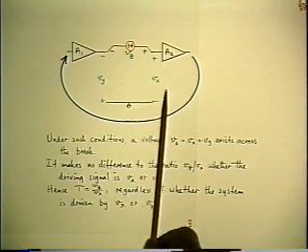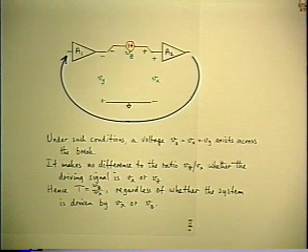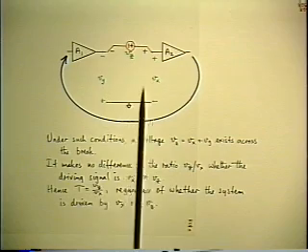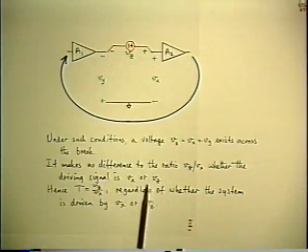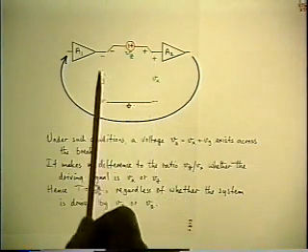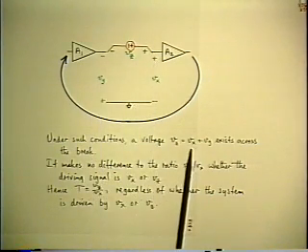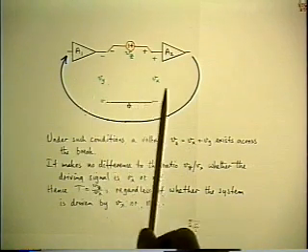Now, I used those numbers, 1, 10, and 11, just to make a concrete example, but of course, the absolute value doesn't matter. It's only the ratios that matter. And when you look at it a little more carefully, you see that the three voltages constitute a phasor triangle. Vz equals Vx plus Vy, which is one constraint on Vx and Vy.